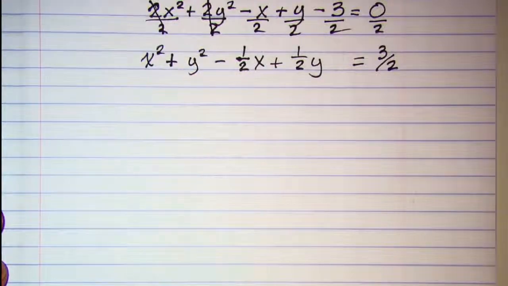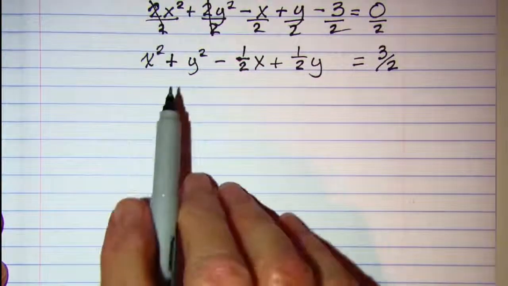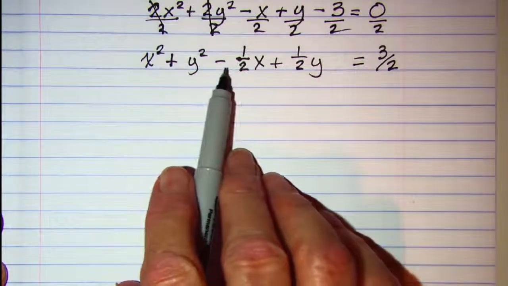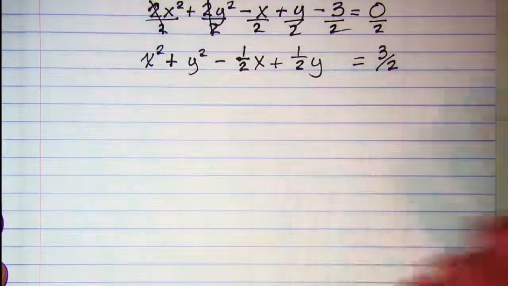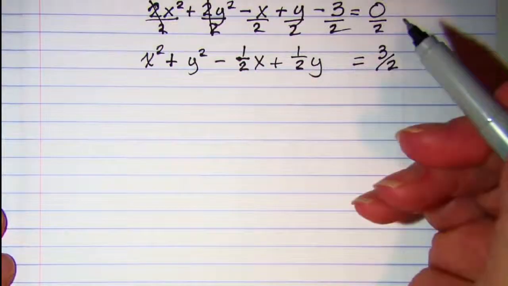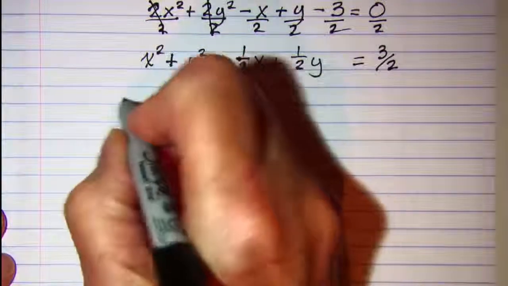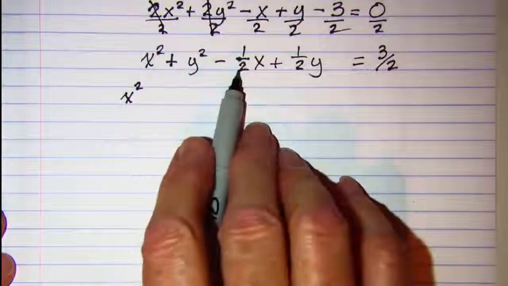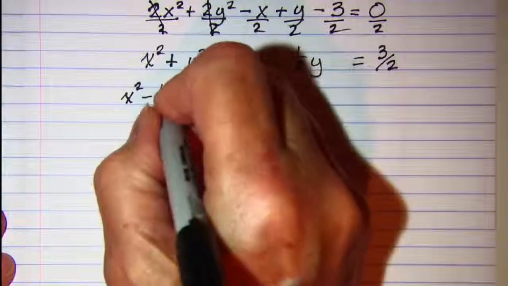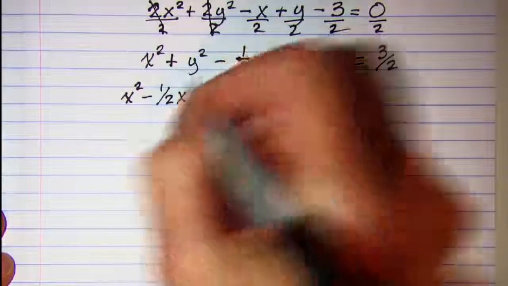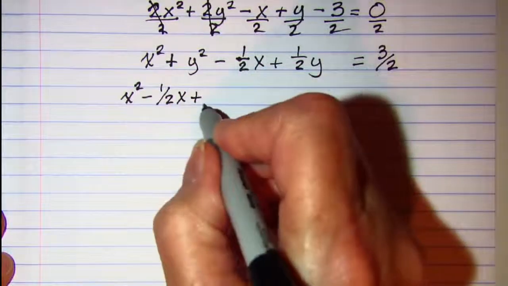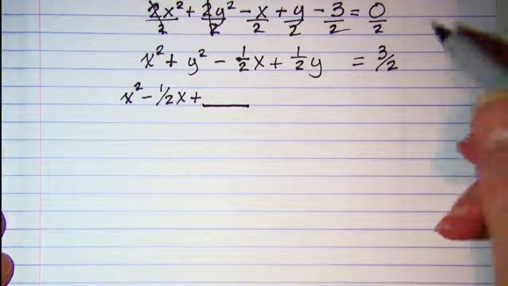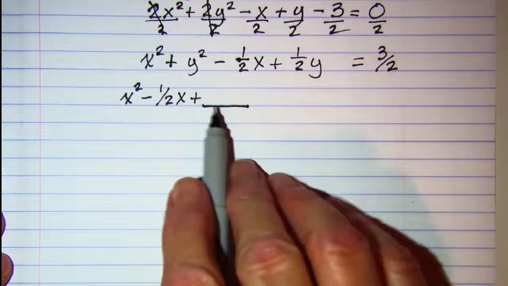Now my next step is to complete the square, but before I can do that, I need to rearrange my terms so that all the x's are grouped together and all the y's are grouped together. So I have x squared and then minus 1/2 x. And then I'm going to put plus a space there because when I complete the square, I'm going to be adding a number here.